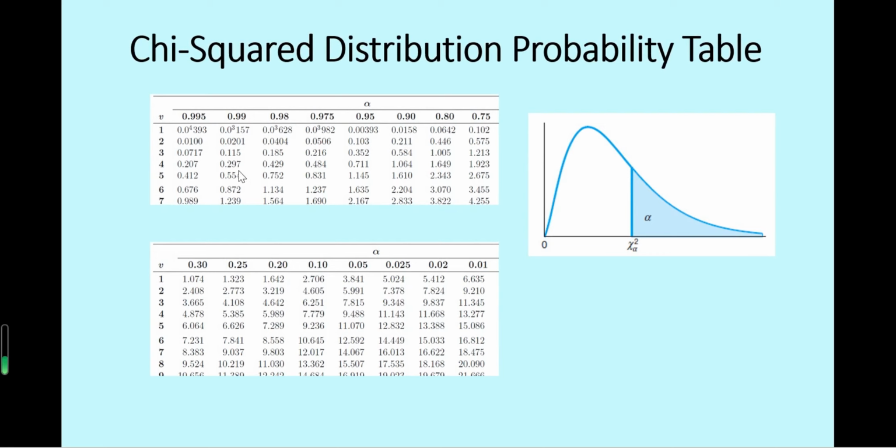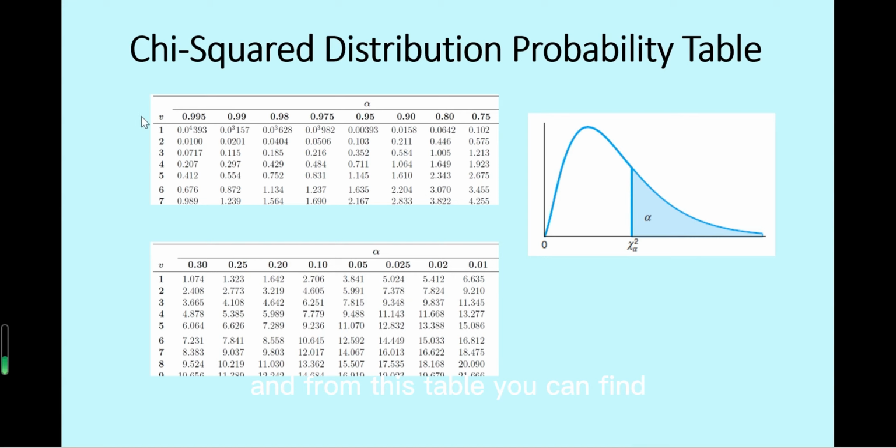We can use the chi-square distribution probability table to do some tests. Here chi-square is the positive random variable, and alpha on the right side represents the probability that the chi-square random variable is larger than this number.